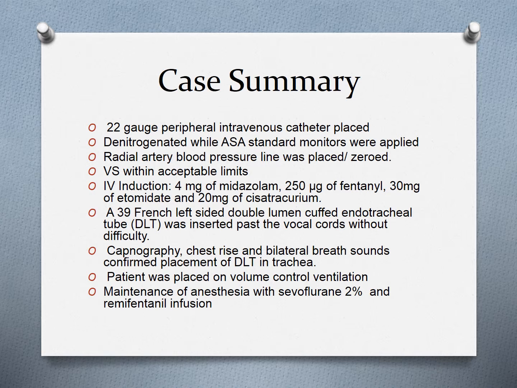A 39 French left-sided double-lumen tube was placed. It was inserted past the vocal cords without difficulty. Capnograph showed chest rise with bilateral breath sounds, which confirmed placement in the trachea. The patient was then placed on volume-controlled ventilation while the tube was secured, and maintenance anesthesia was with sevoflurane and a remifentanil infusion.